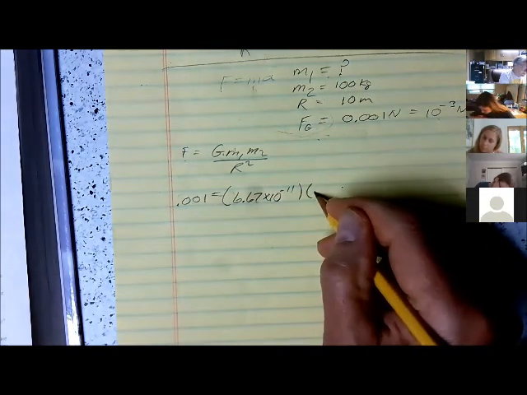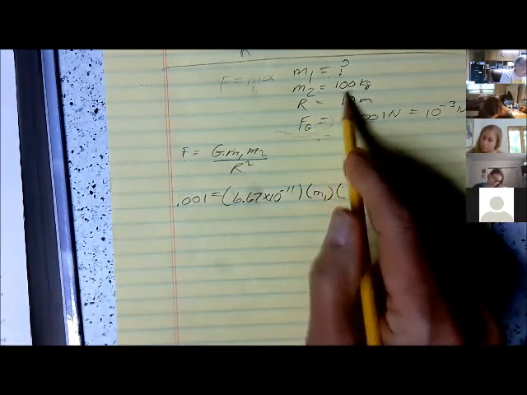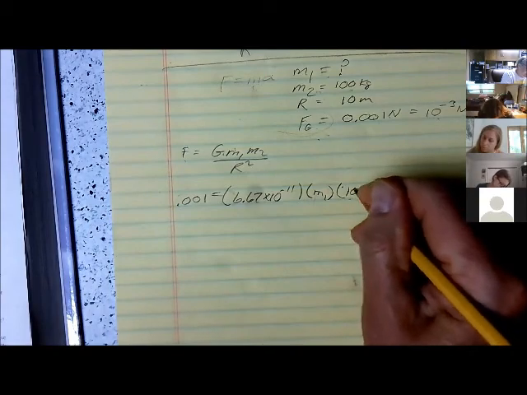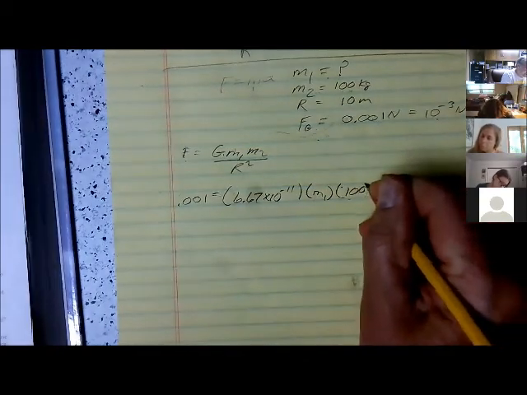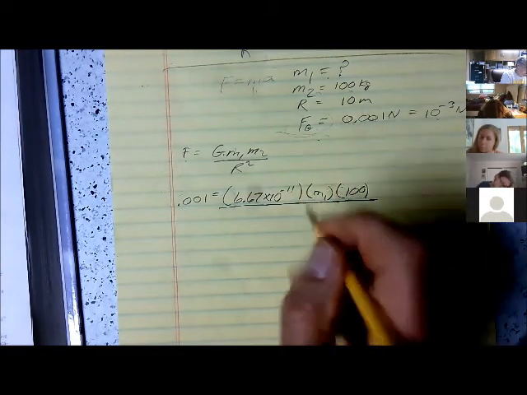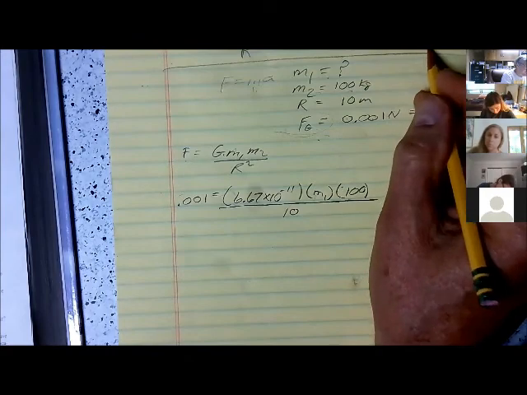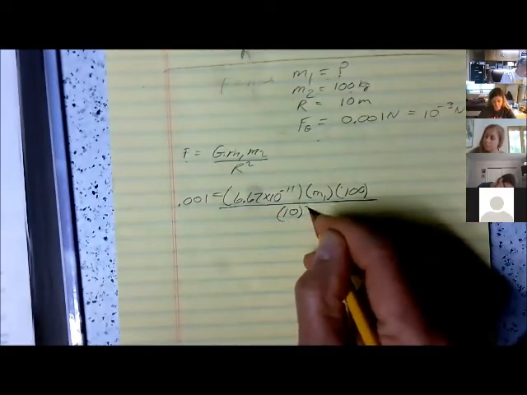Mass 1 we don't know, so I'll leave it as mass 1. Mass 2 is 100 kilograms, just to keep the numbers easy. And the distance is 10 meters. I should have made it a lot smaller, but no big deal. R is squared, so I have to square 10.